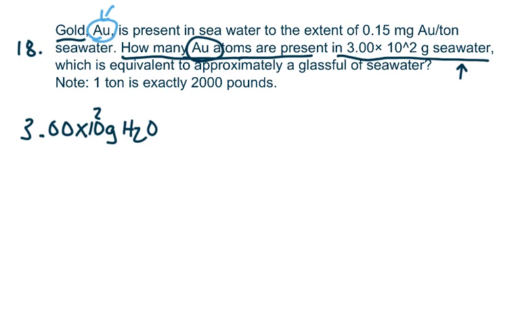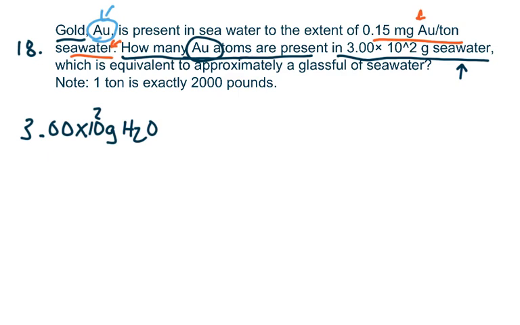How do we go from water to gold? Well, that's why they give you this. That's your conversion factor. It's just like taking you from inches to feet, or pounds to kilograms. This is taking you from gold to water.